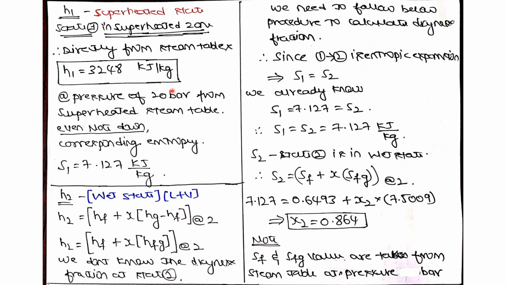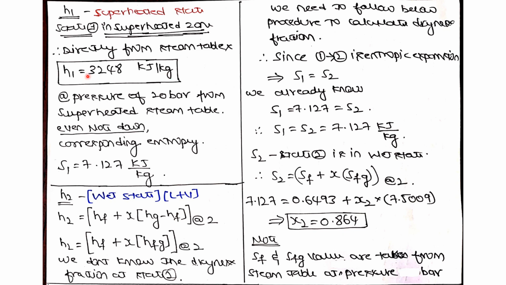So from the steam tables, for that particular pressure, which is the boiler pressure, the value of H1 directly is 3248 kilojoules per kg. Or else it is even given in the problem for this particular question. If not given, you have the same value in the superheated steam tables at a pressure of 20 bar.